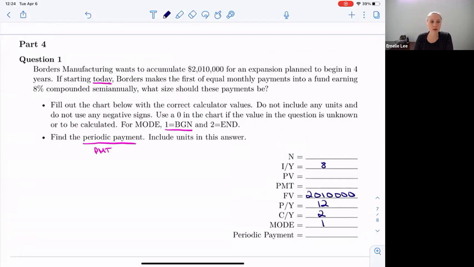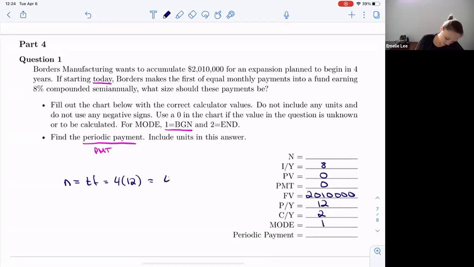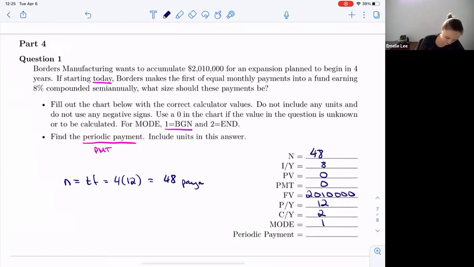We want to find the payment amount, so I'm going to fill it in with a 0. And there's no mention of them starting with any dollar amounts, so that present value should be 0 as well. And the only thing we need to find is n. N is the number of payments, so n is the time times the frequency, which is 4 years times 12 payments per year. It's usually 48, but I'll just check. 4 times 12 still is. So 48 payments.